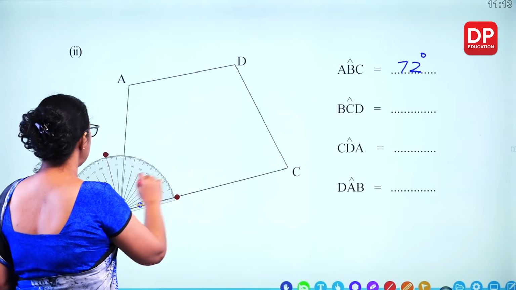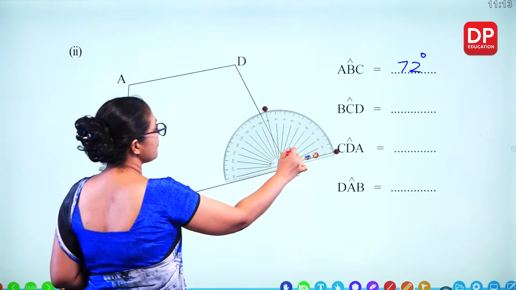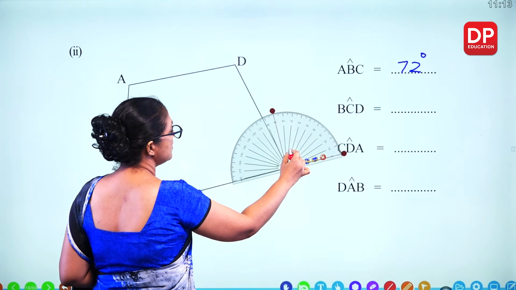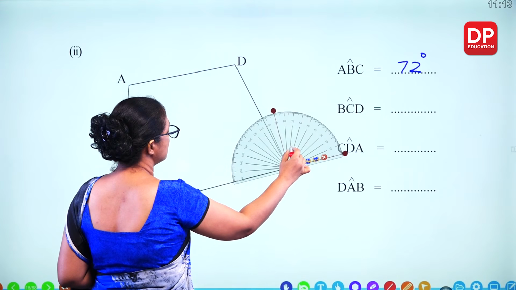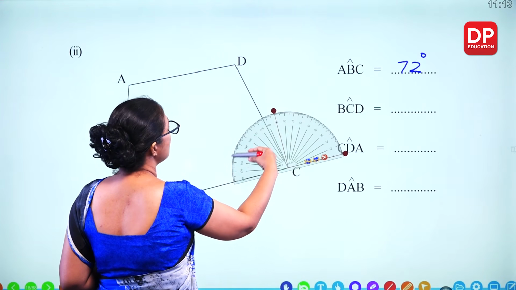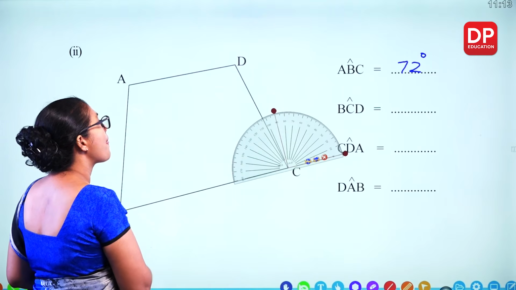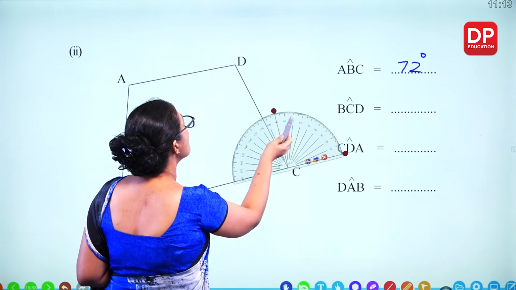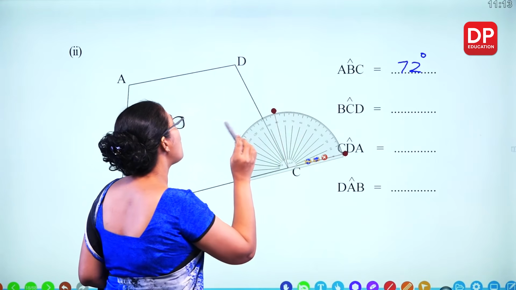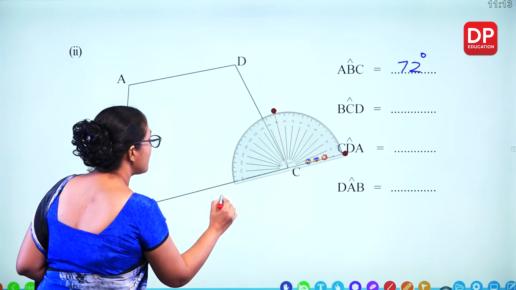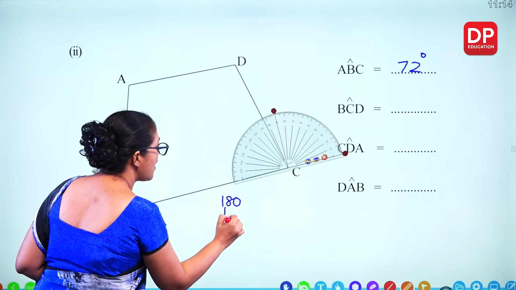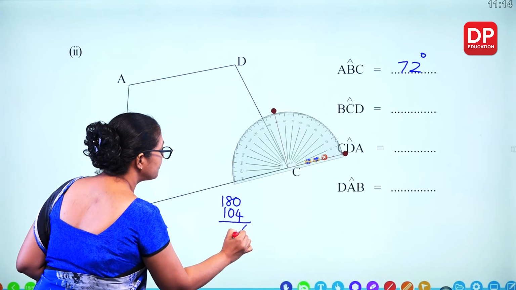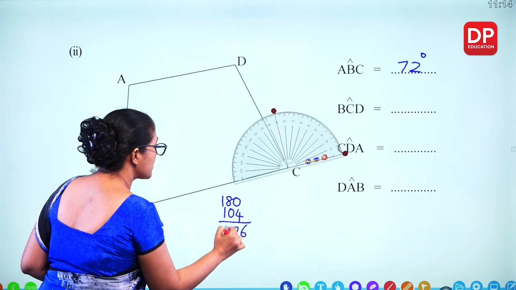C angle here, from this side, that's 104. So 180 minus 104, 76.